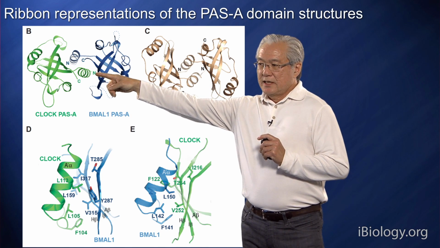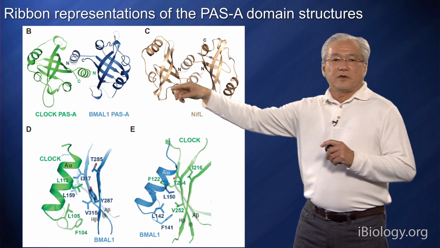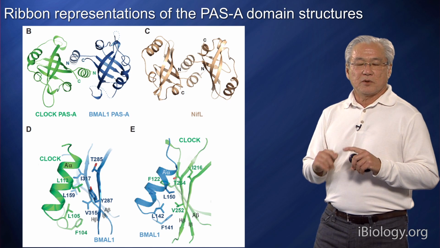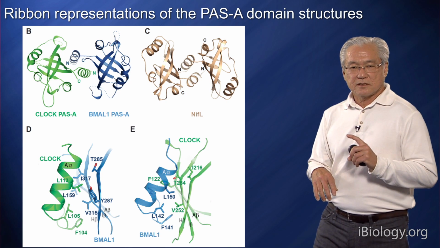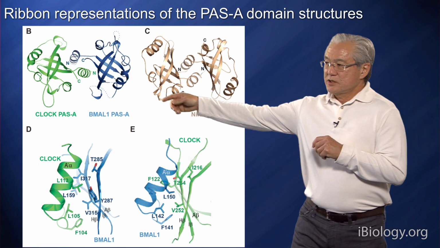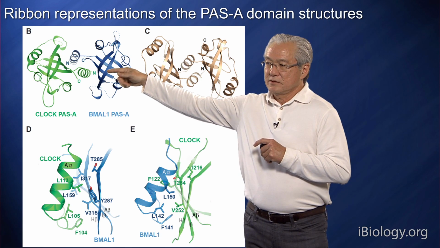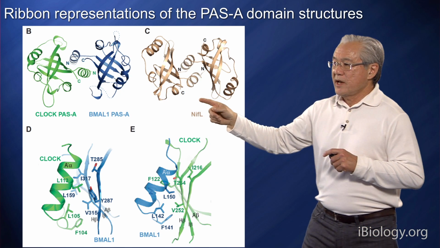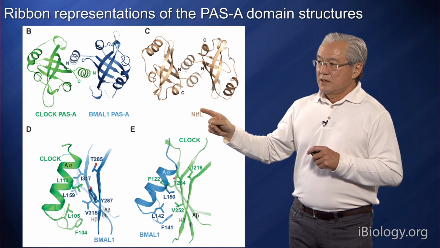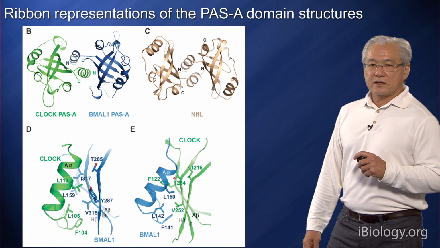And these two N-terminal helices form very interesting interaction interfaces between the complementary PAS-A domains, such that the alpha helix of one PAS-A domain interacts with the beta sheet surface of the other PAS domain. This kind of interaction has been seen in bacteria, in this case in the NifL protein. But this is really the first view of the PAS-A domain in the mammalian protein.